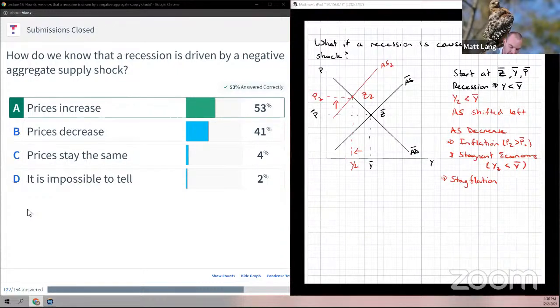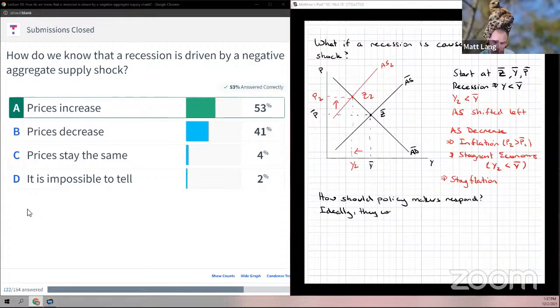So we need to ask ourselves, how should policymakers respond? Well, ideally, they would shift AS back to AS bar, just like with AD.